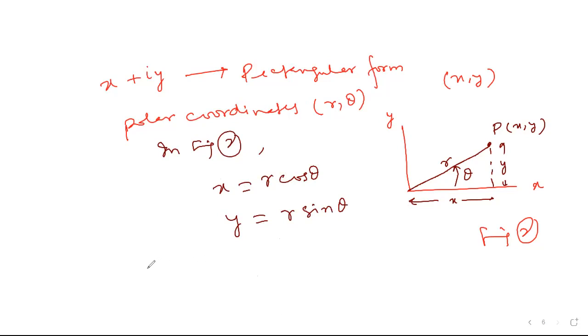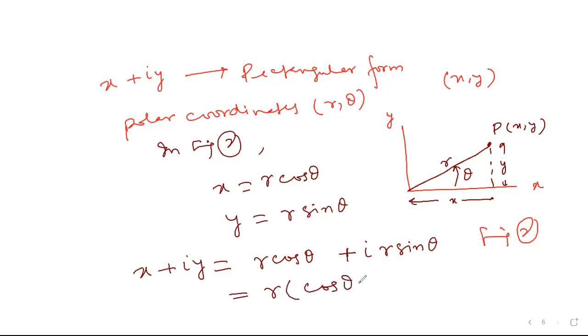Then we have x plus iota y. Instead of x, we will write r cos theta plus iota r sin theta. I can take r common and write it this way: r times cos theta plus iota sin theta.